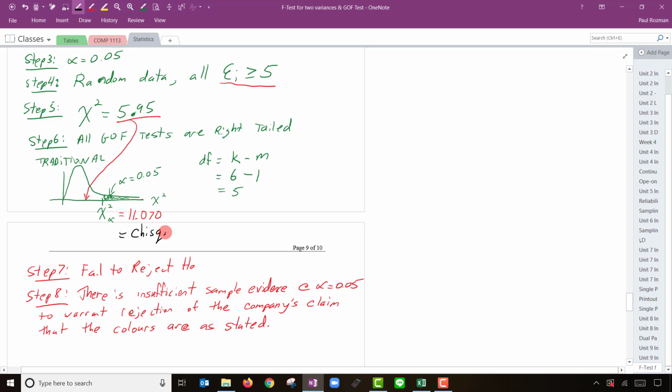And we want a value, so this will be inv dot right. And then we put in our 0.05 and our degrees of freedom. And that'll get you this 11.070. You could use chi-square dot inv without the right and then put in 95% and 5. I think then you have to put the cumulative in too.